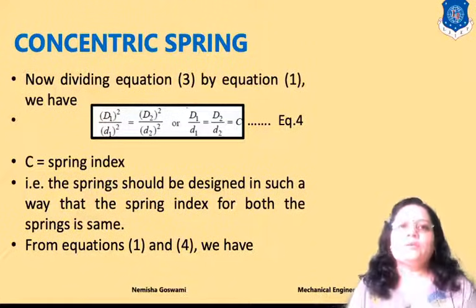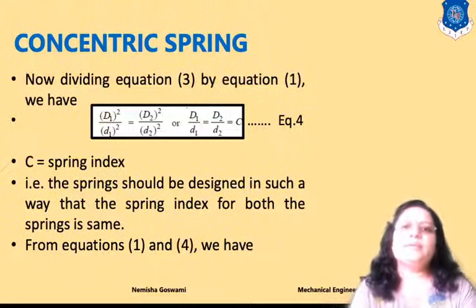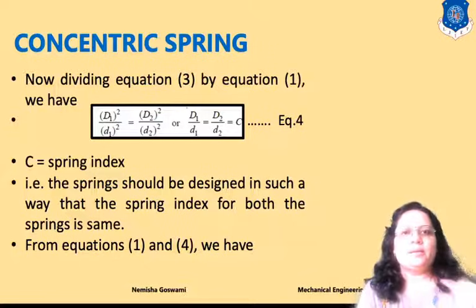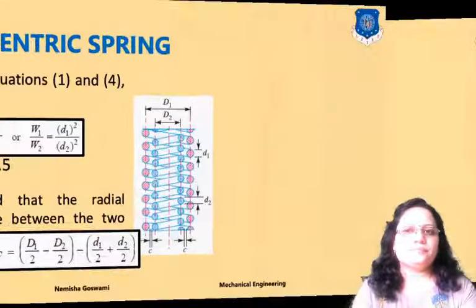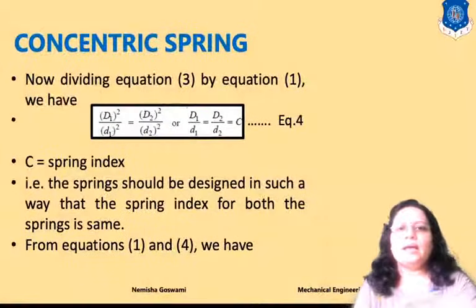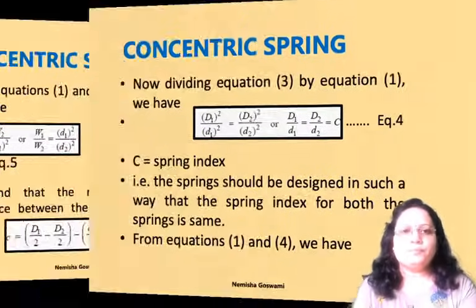So this constant is known as the spring index. Spring index is the mean coil diameter divided by the wire diameter of the spring. This is equation number 4.